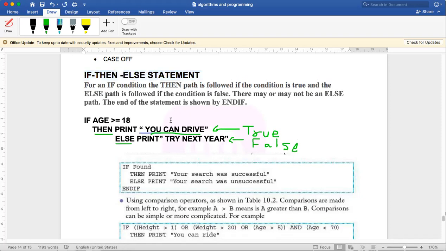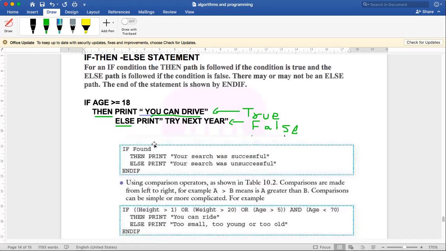Okay, let's see another example. This is example number 2. Let's suppose we are making a program for searching something. If the data is found, then, for true, print "your search was successful".